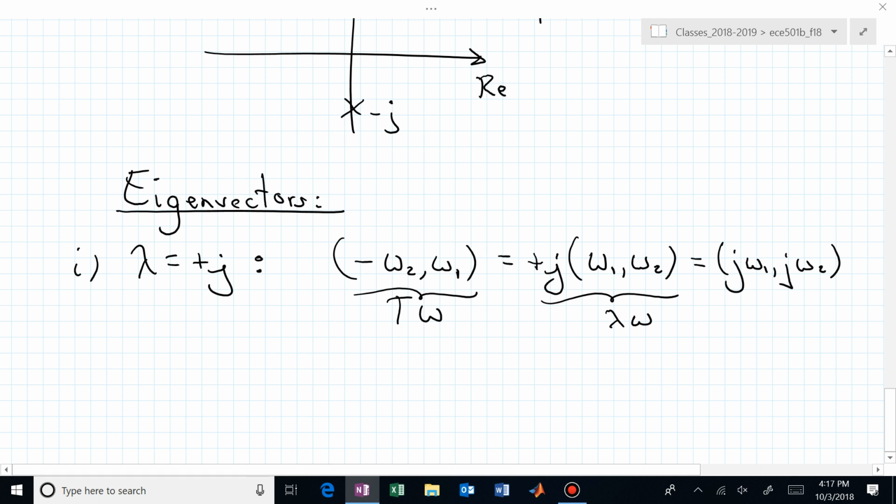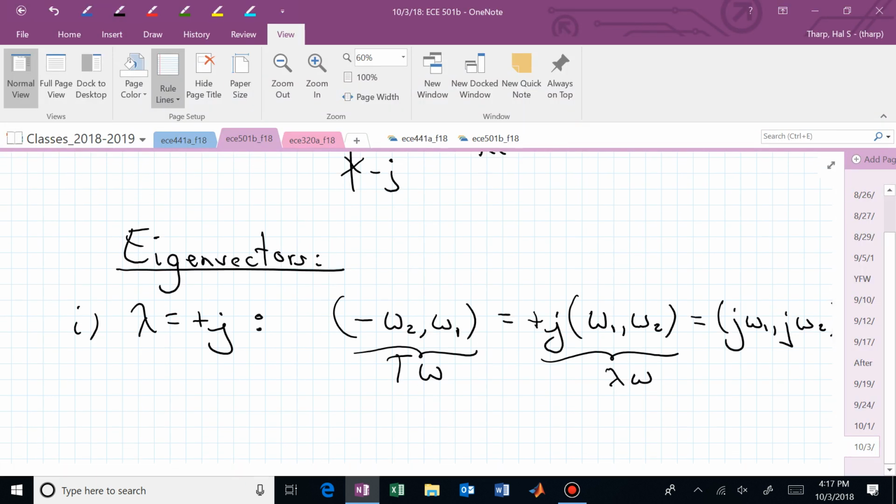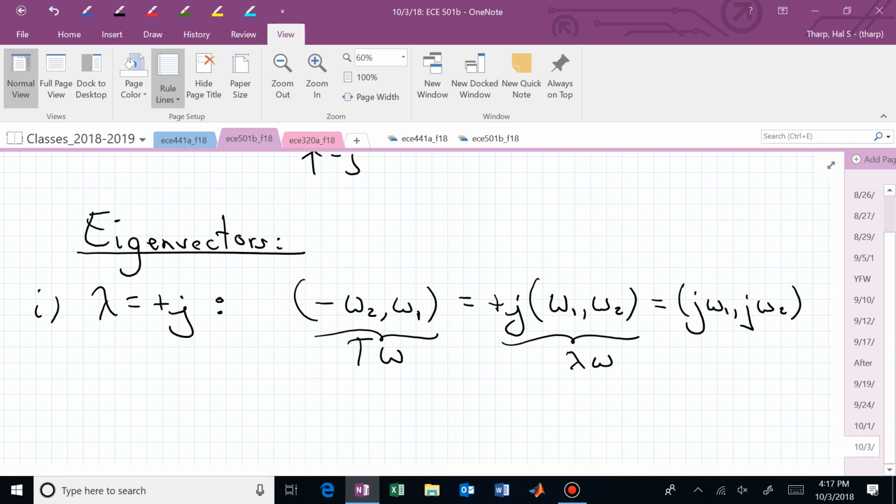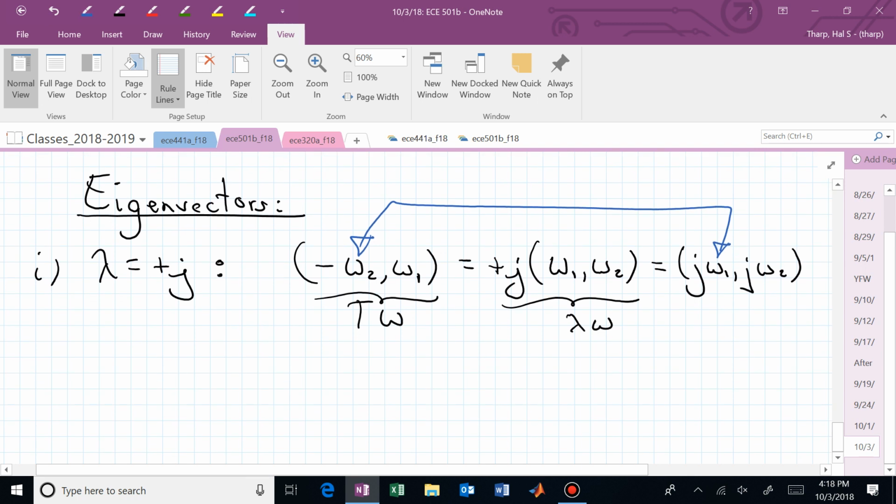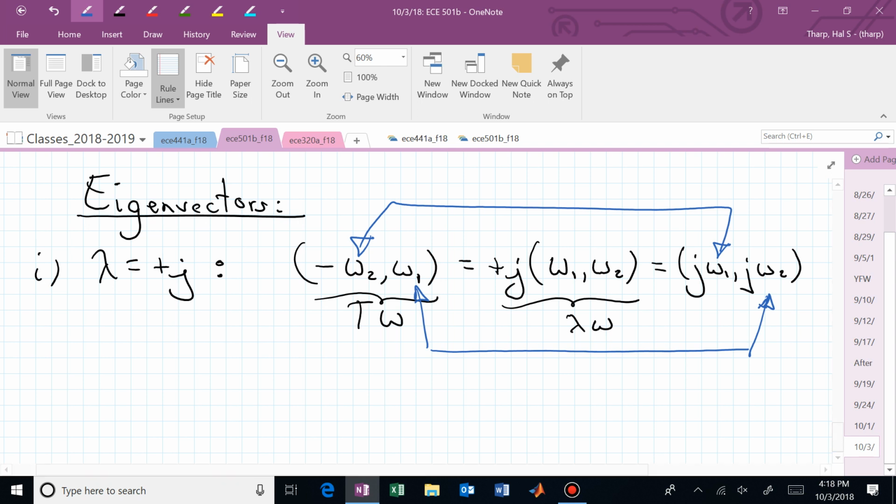Now, what's happening here? Let's look at the two coordinates. So one of the coordinates says that minus w2 needs to equal j w1. What's the other one say? Well, that says that w1 needs to be j w2. And those are actually the same. So we have redundancy when we look at the two different coordinates.